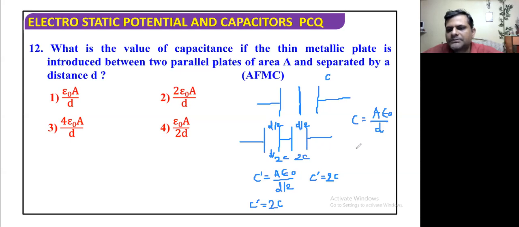That means it will be simply C again, which is going to be A epsilon naught upon D. So by inserting a thin metal plate between the two plates, the value of capacitor doesn't change. That means the value will be this A epsilon naught upon D only, which is already there in option A here.